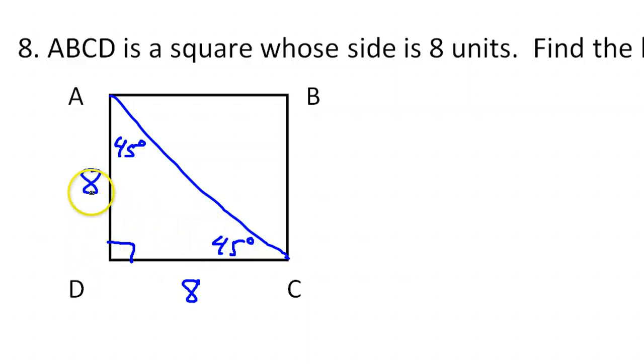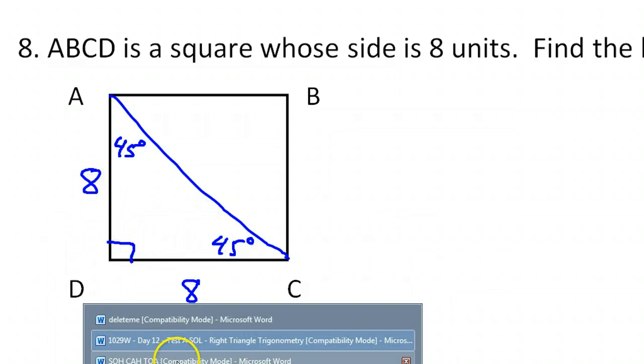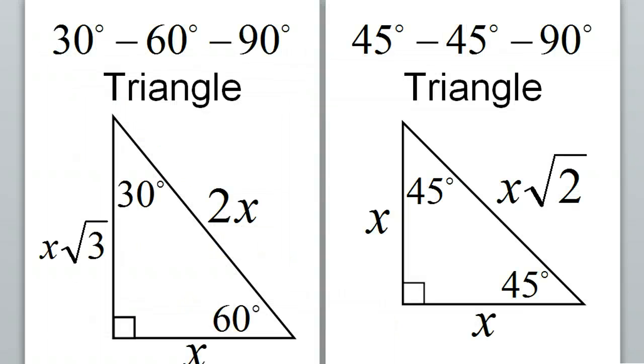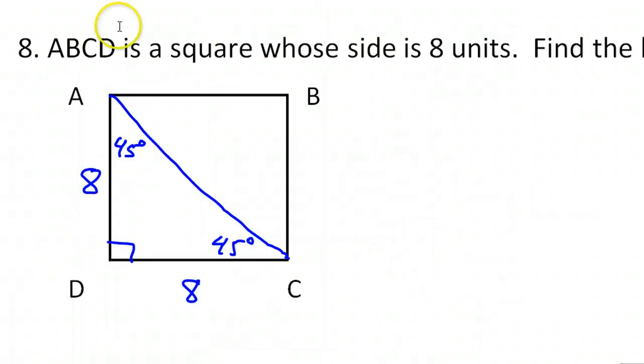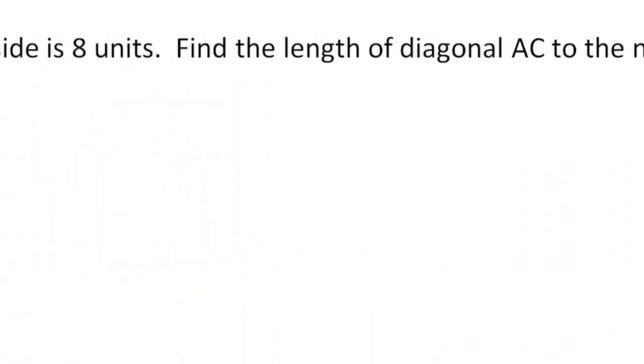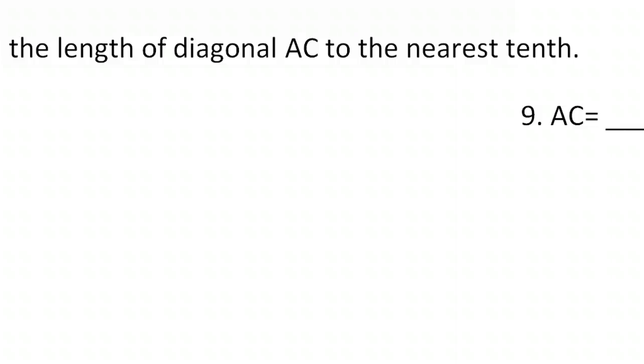So the pattern, once again, for this particular special triangle is leg, leg, leg radical 2. So in this case, that gives us 8, 8, 8 radical 2. So the length is, in fact, 8 radical 2. Now they want the nearest tenth, so that means a decimal.